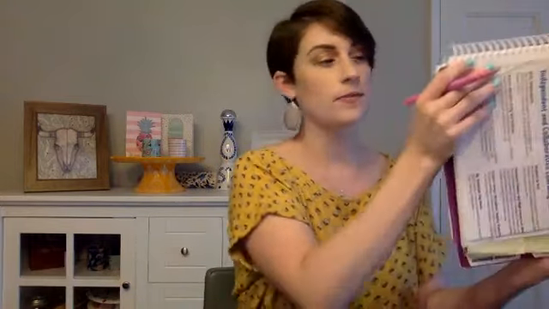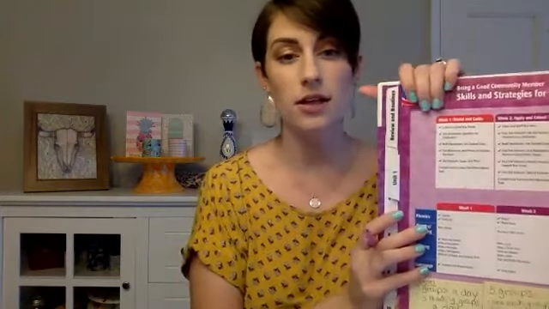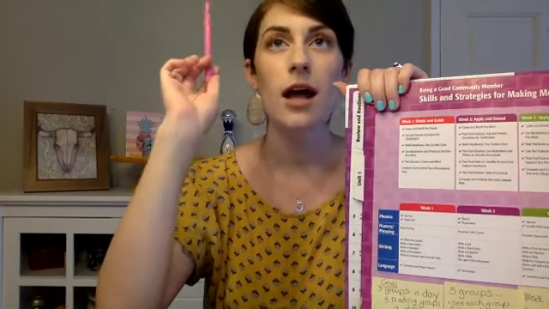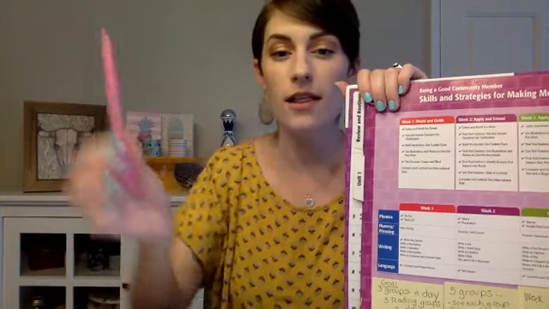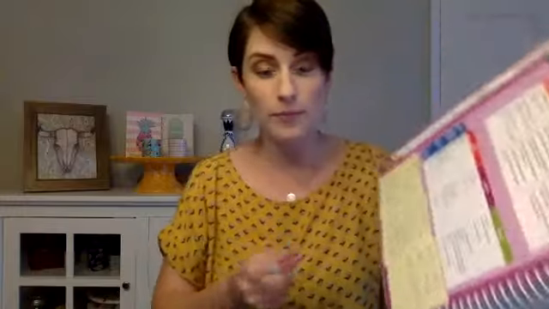Now we're going to turn to our skills and strategies insert. And like I said, if you're accessing this online, click on your grade level, unit 1, then you'll see unit 1 TRS, click on that. And then on the left-hand navigation, you'll see skills and strategies, and you'll see something like this pop up.